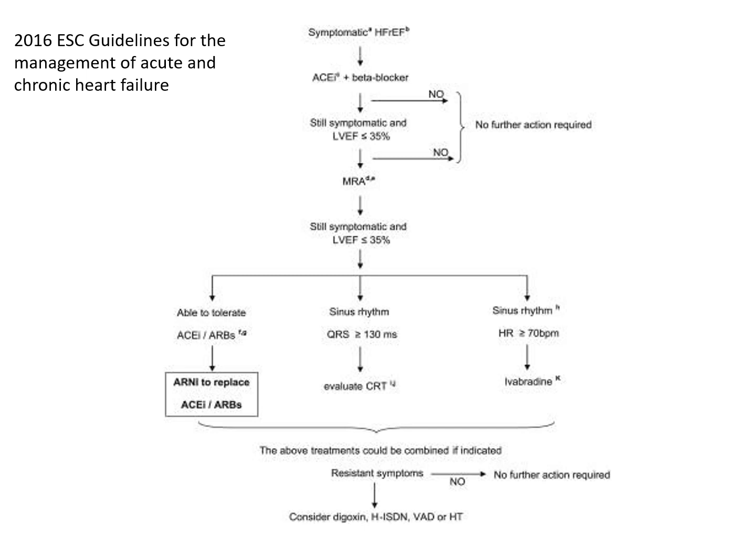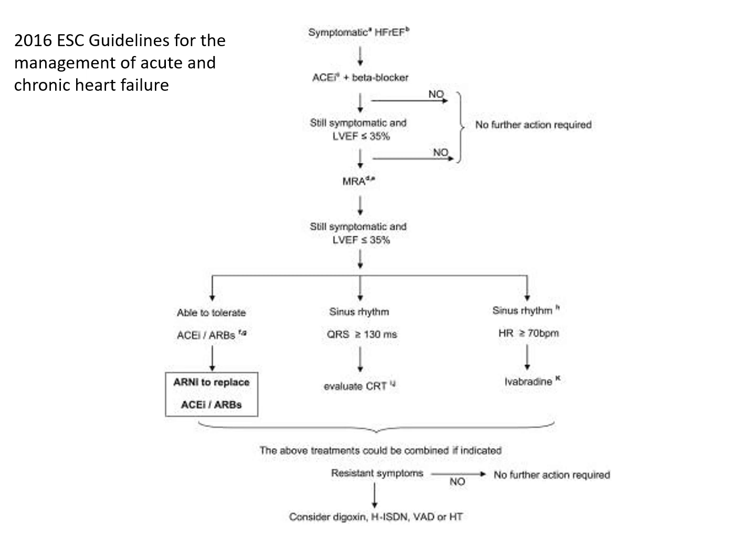If you have a patient who is in sinus rhythm with the heart rate still above 70, you may be able to use ivabradine to decrease the heart rate to between 60 and 70.